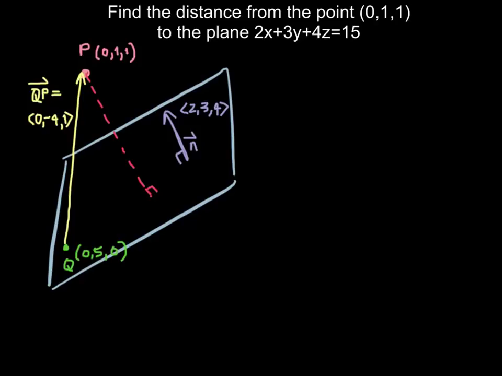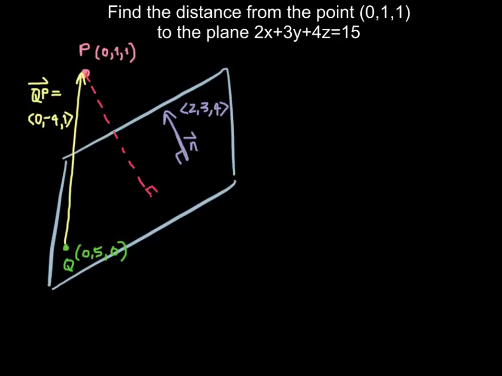Again, if this is a little hazy, do make sure to review how projections work, what it means to talk about the component of one vector in the direction of the other, since it's really important to understand those things in order to view this problem correctly. So this red dotted line is the component of QP, our yellow vector here, in the direction of n. It is the part of QP that is pointing in the same direction as the normal vector.